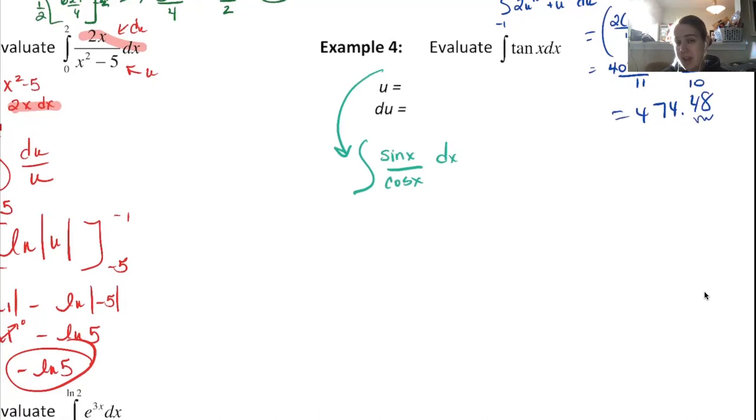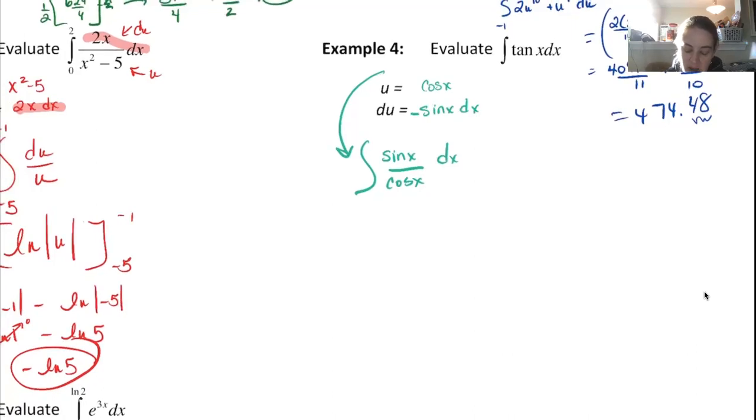Because the derivative of sine is cosine and the derivative of cosine is sine. Well, du always has to be in the numerator. That's the other thing. Du must always be in the numerator. So if du has to be sine of x dx, u has to be the denominator, cosine. So if u is cosine, which is in the denominator, and the derivative of that is actually negative sine of x dx, now we're on our way.